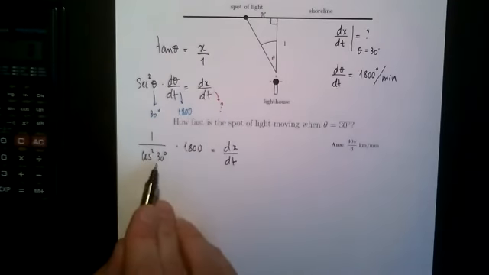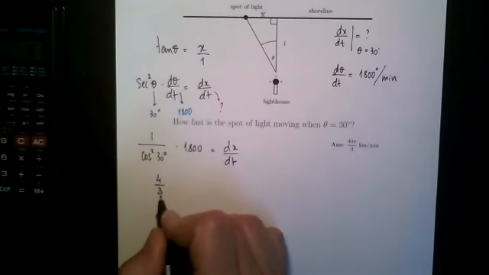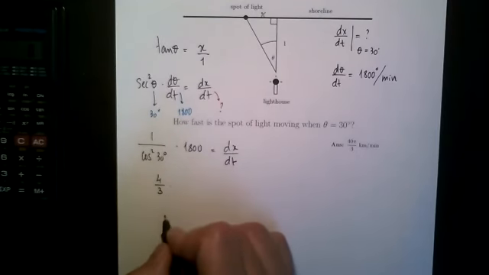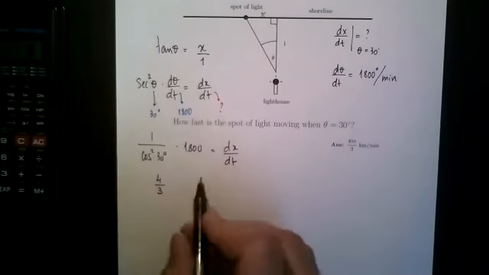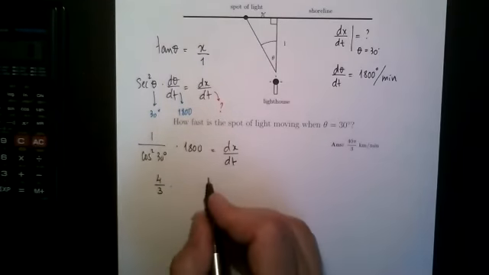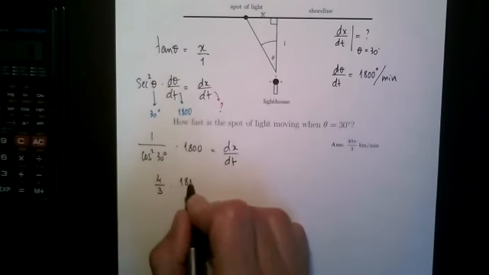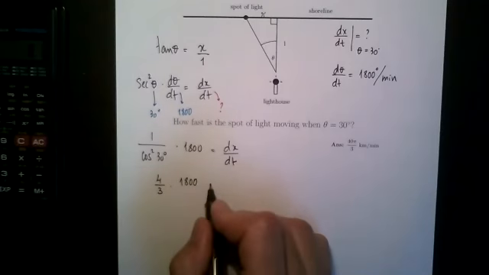Cos of 30 is root 3 over 2, squared is 3/4, so 4/3, times 1800. I have no idea what this answer means.